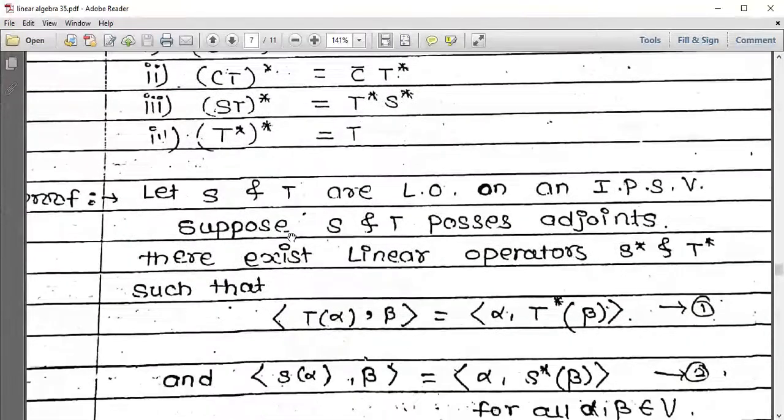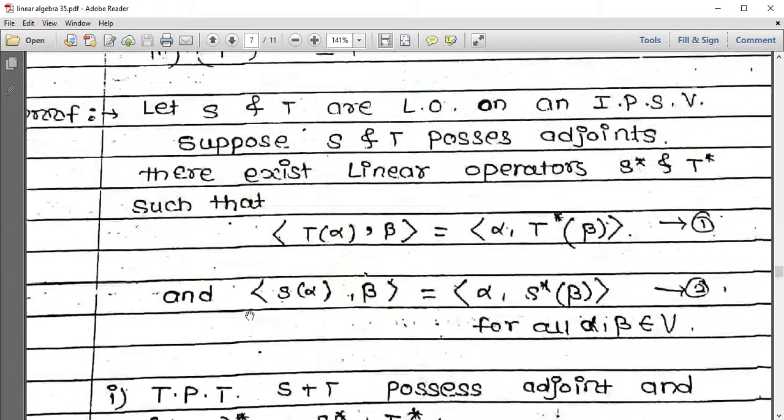Proof. Let S and T be linear operators on an inner product space V. Suppose S and T possess adjoints. There exist linear operators S star and T star such that the inner product of T of alpha and beta is equal to the inner product of alpha and T star of beta.